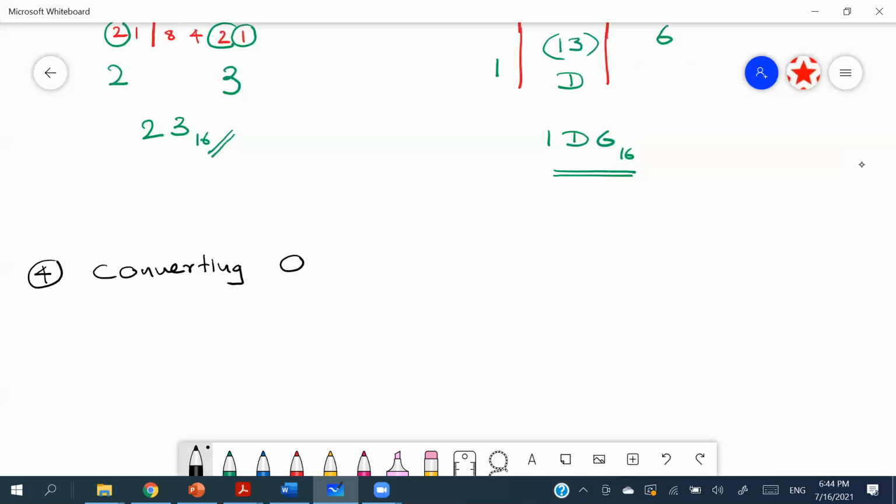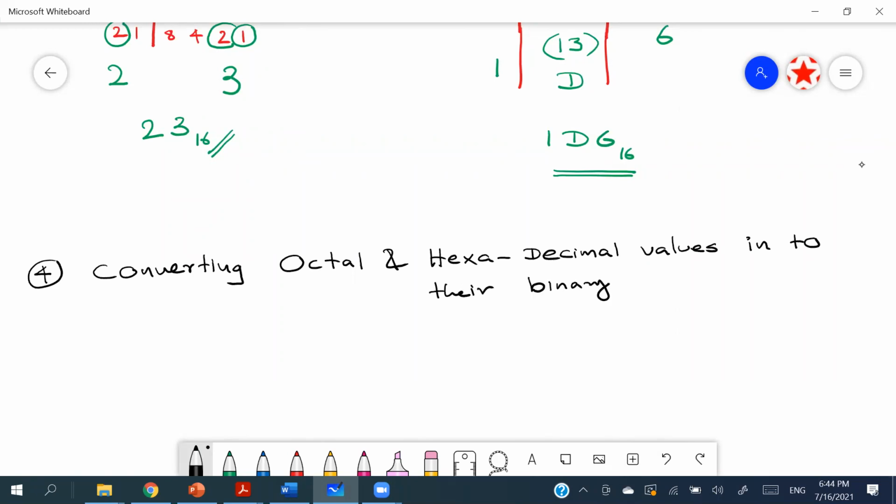Converting octal and hexadecimal values into their binary equivalent.